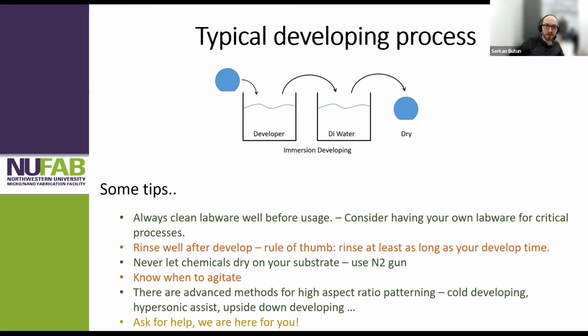In the case of alkaline developers, it's DI water. In the case of SU8 developer, it will be IPA. So you dip your wafer in the developer, you wait for a set amount of time, depending on the resist thickness, and then you rinse it with water. Then we dry it with nitrogen gas. So that's how we typically do it.